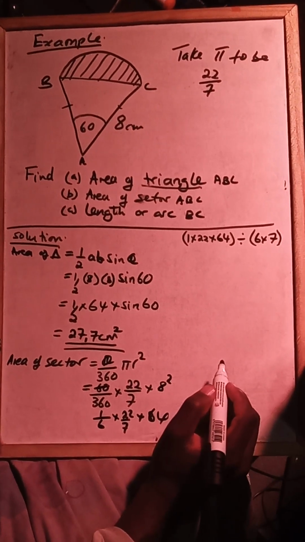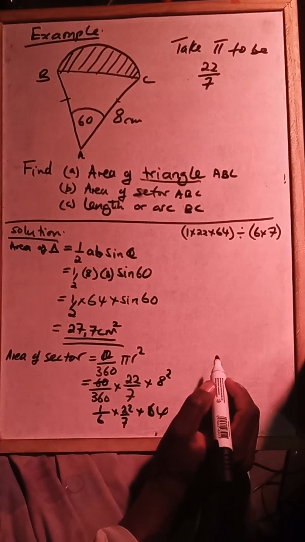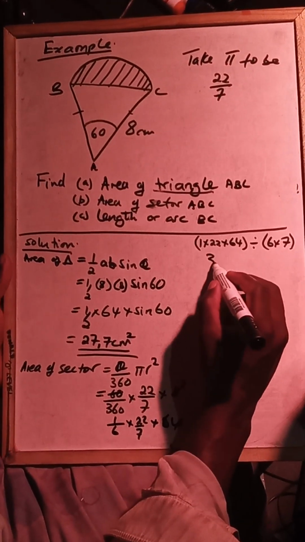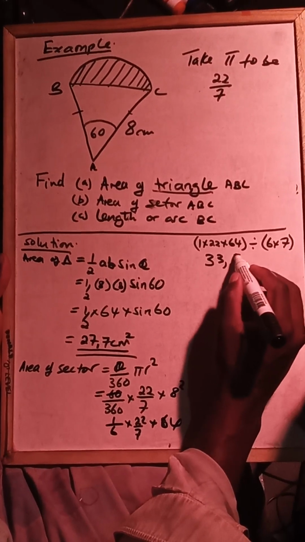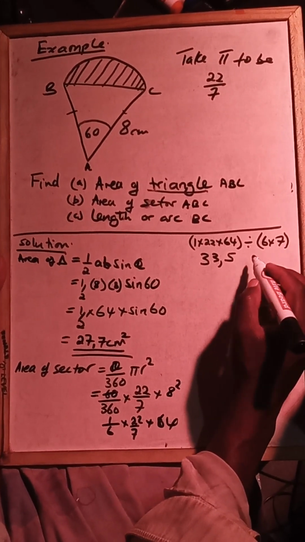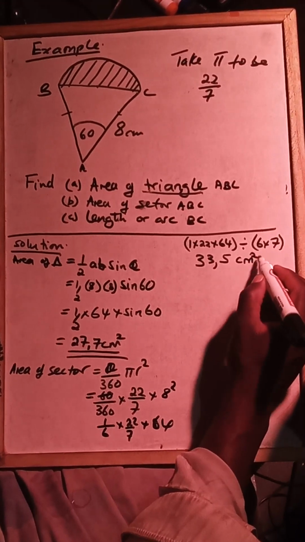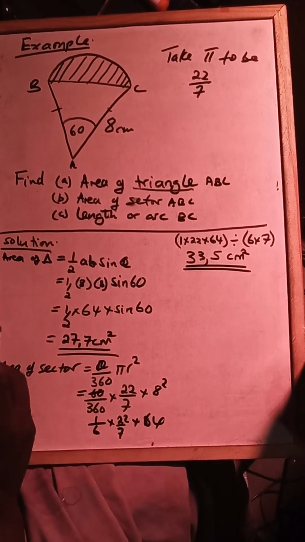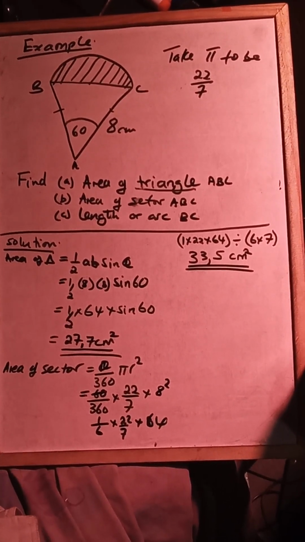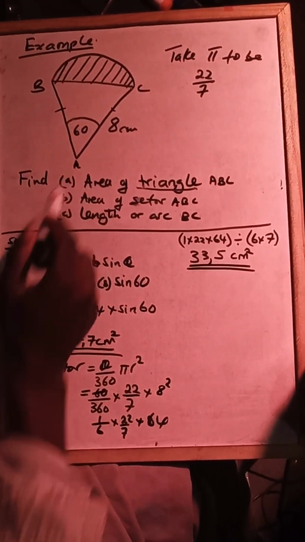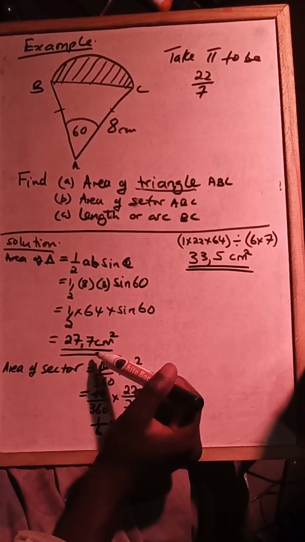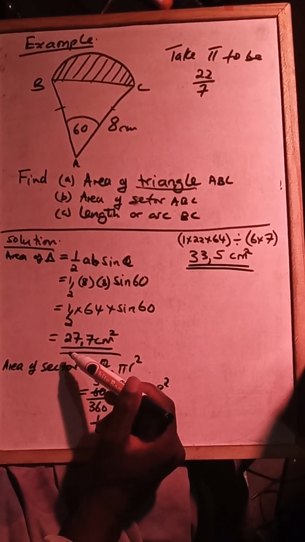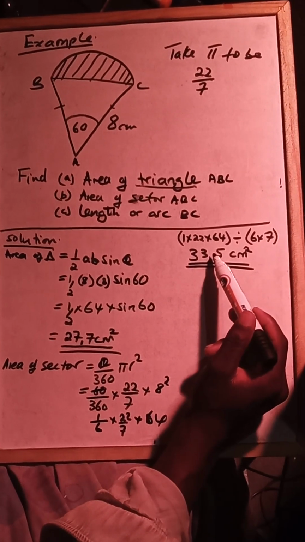We get the answer 33.5 square centimeters. This will be the answer for the area of the sector. So remember, you need to cross check. Sector is bigger than triangle, so the area for a triangle must be less than the area of the sector.